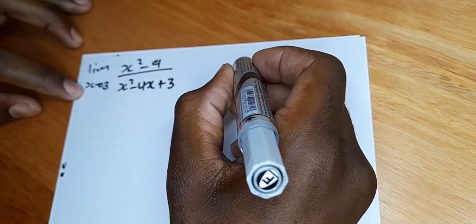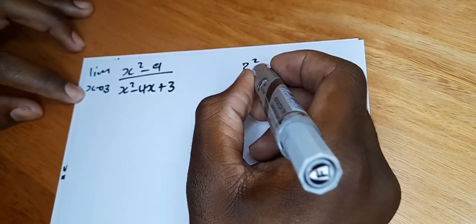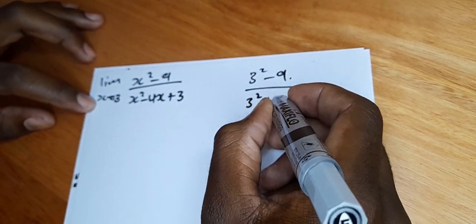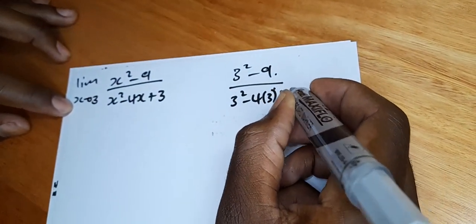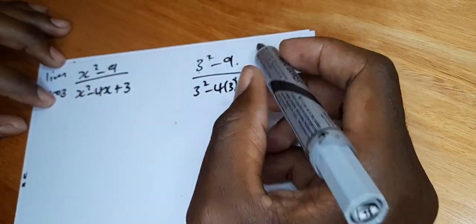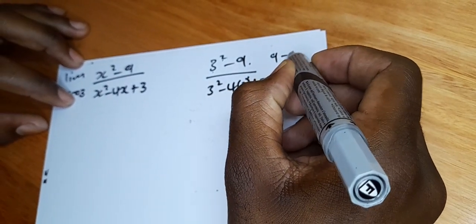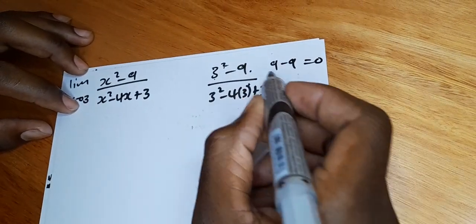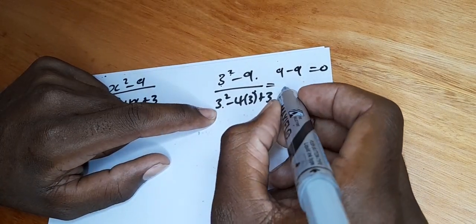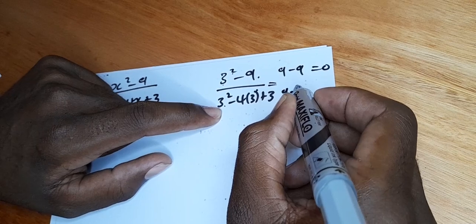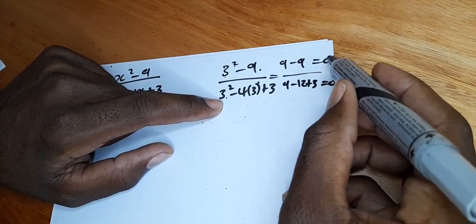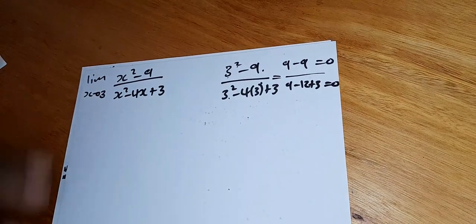We have 3 squared minus 9, all over 3 squared minus 4 times 3, plus 3. 3 squared is 9, minus 9 is equal to 0. Here we have 9 minus 12 plus 3, which is equal to 0 as well. Then we have 0 over 0, and this is not allowed.